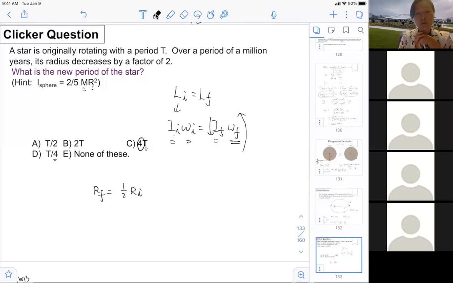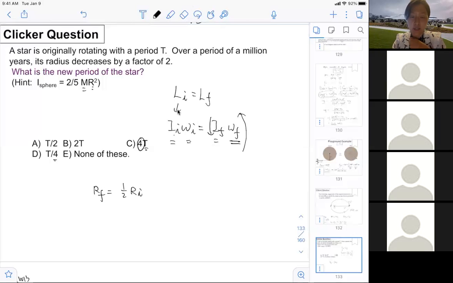If it's a question about what your new omega is, you would say yes, it increased 4 times as the omega before. But now it's asking about the time, the period. As you rotate faster, is the time it takes to complete one revolution a longer time or a shorter time? If you're going faster, less time.